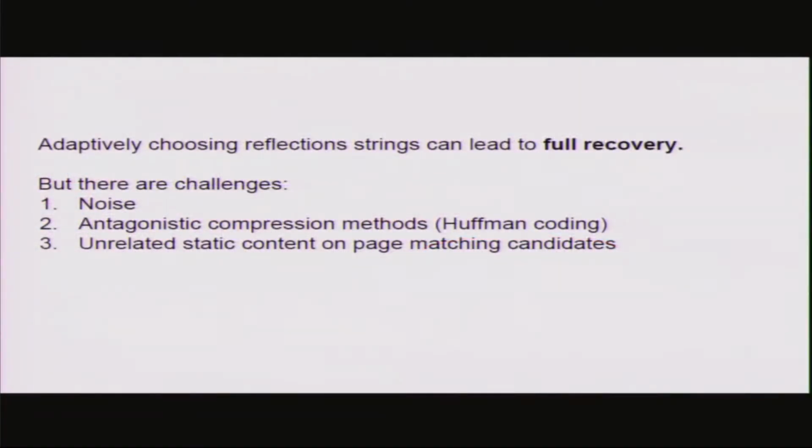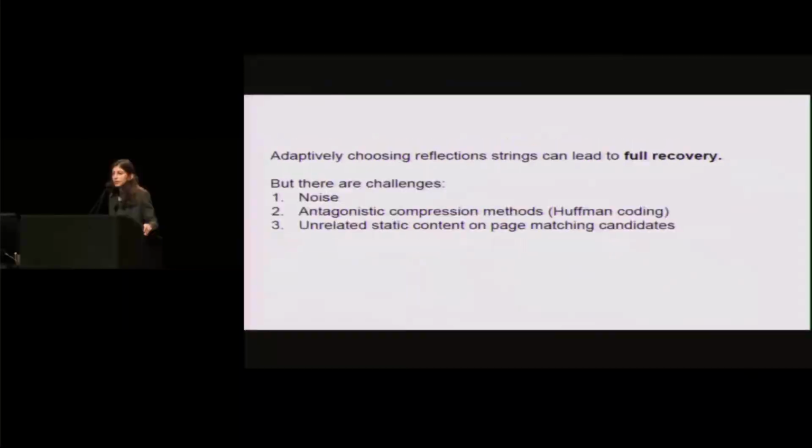Now, by adaptively choosing reflections, we can have full secret recovery, but it is not as easy as it may sound, and we have some challenges. The first one is noise. By noise, we mean a part of the response which is different per request, and thus we cannot predict it.